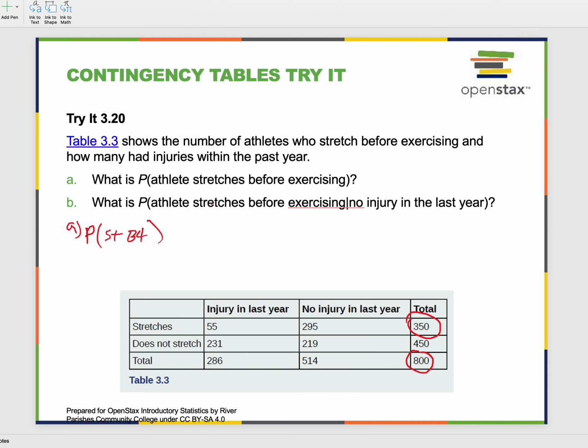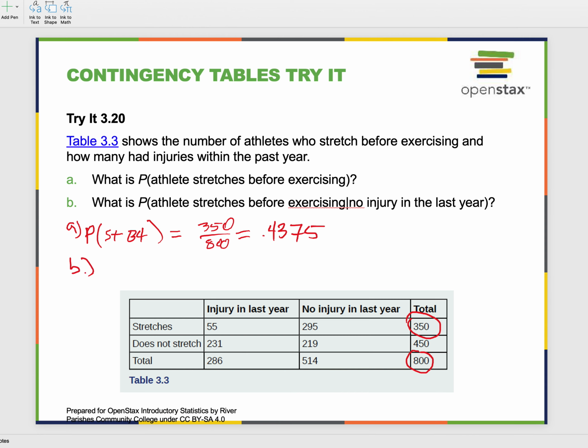Isn't that the total that stretched before? Okay, so I get 350 divided by 800, or 35 over 80. What's 350 divided by 800? I get 0.375. I guess I'm going 4 decimal places.